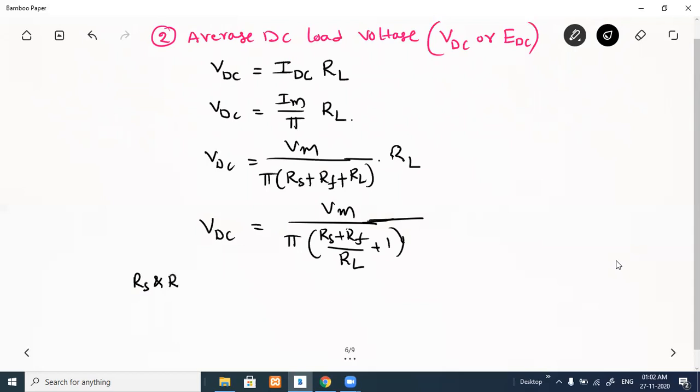Those are the internal resistances, so we can neglect them. Compared to RL, those two are very, very small. Then the average DC load voltage VDC, or V average, is equal to Vm by pi.